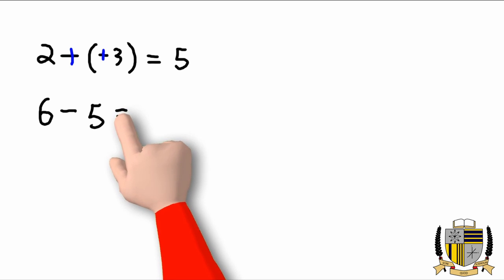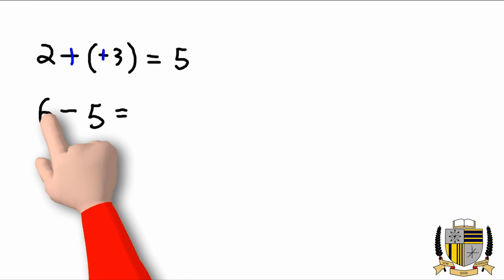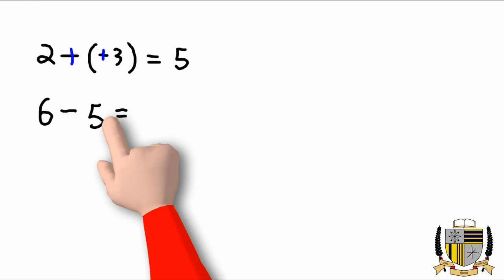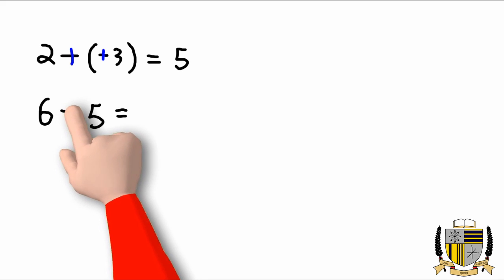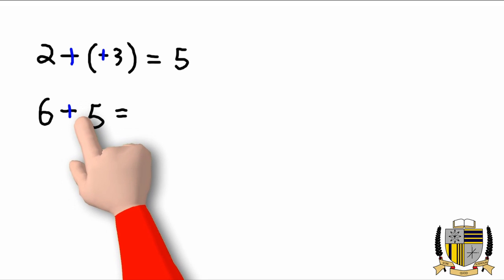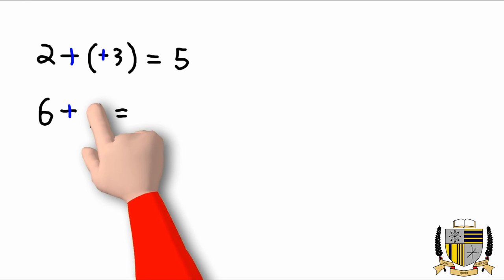But if we apply the subtraction rule on signed numbers, we can look at it as a positive 6 minus a positive 5. And let's apply the rules. So I change the minus into a plus. And then remember, this is a positive 5, so now it's a negative 5.